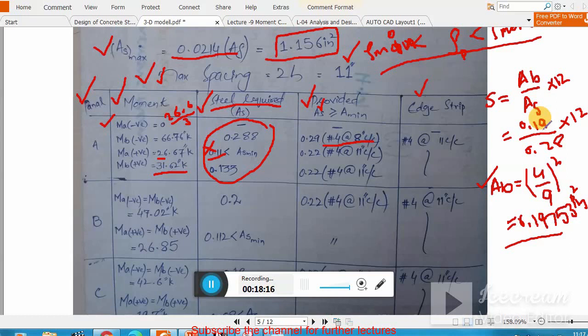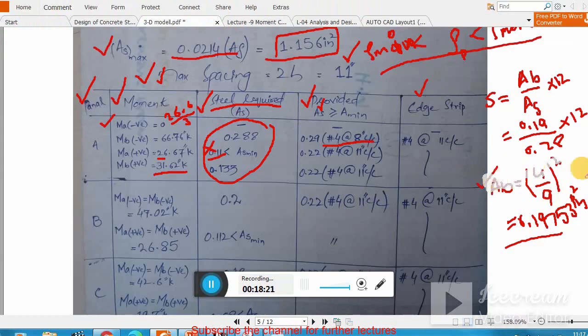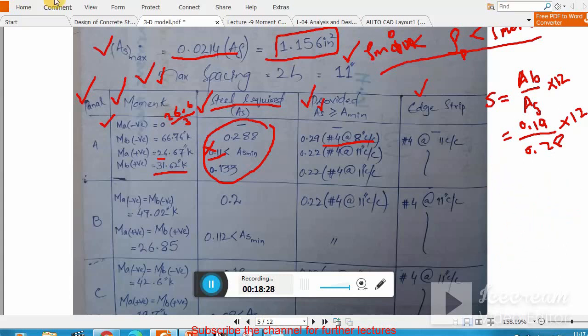I got the value 8.46. Once I did the calculation for the spacing, I got the value 8.46 inches center to center. So that's why I'm using here 8 inch, a conservative approach, 8 inch center to center. So that's why you see here number 4 at the rate of 8 inch center to center.